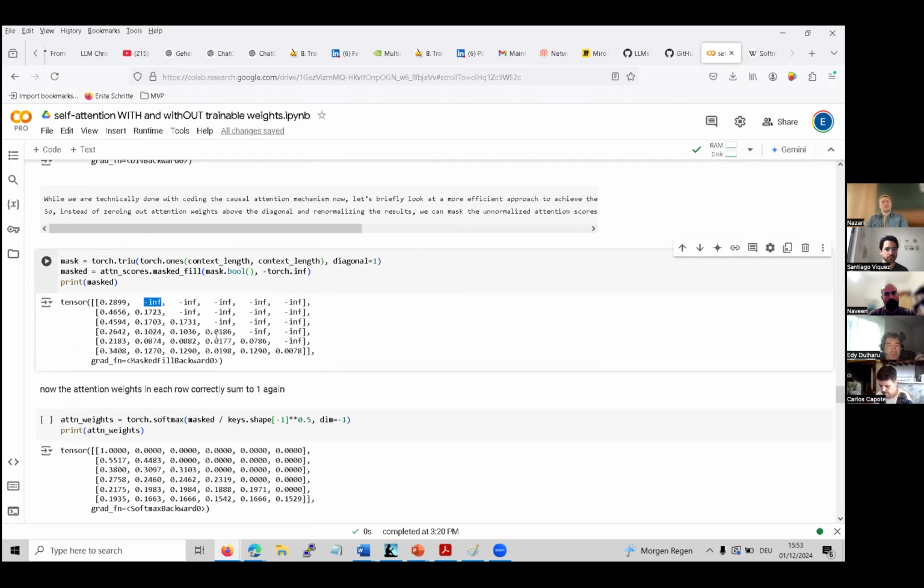All the elements above the diagonal will be replaced with minus infinity. So now when we apply the softmax on a row, all the values above the diagonal will be 0, which means there will be no influence of future tokens on the value calculated by the softmax function.